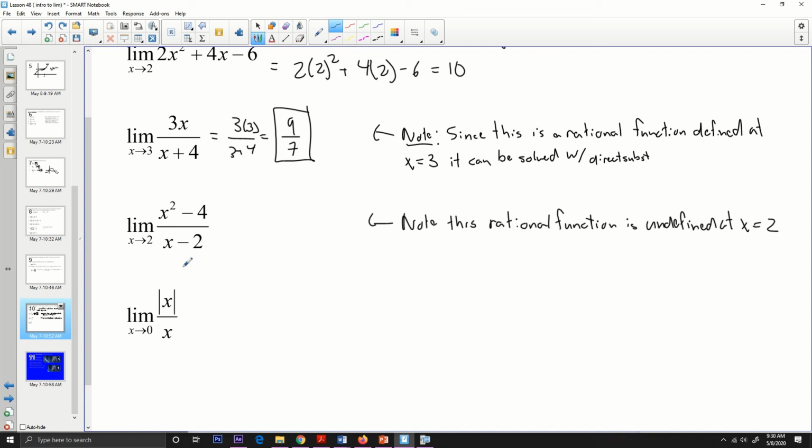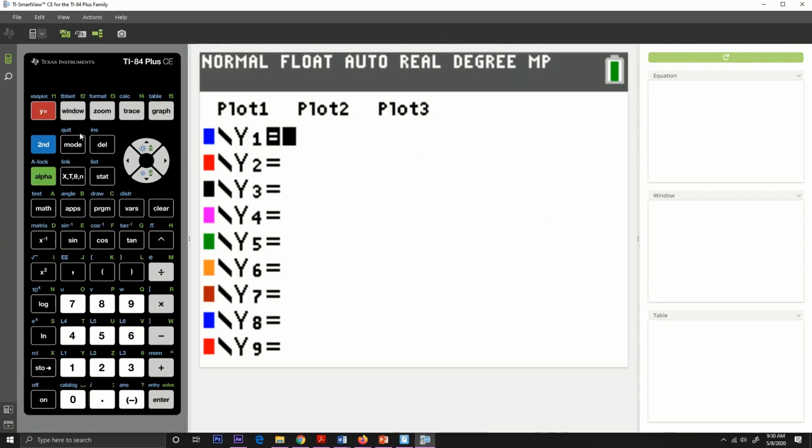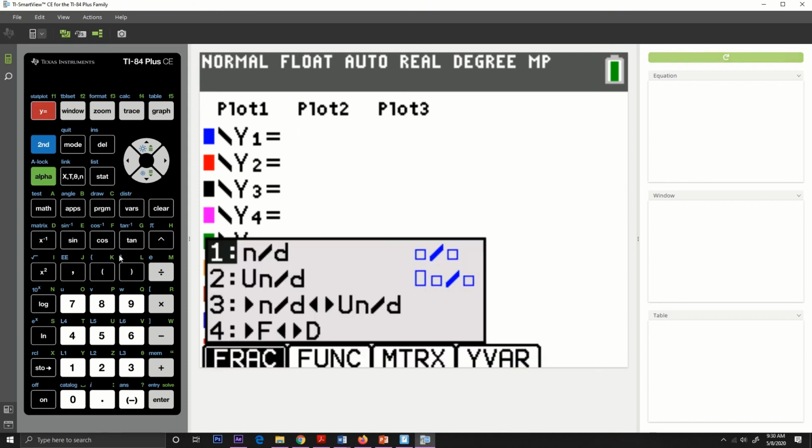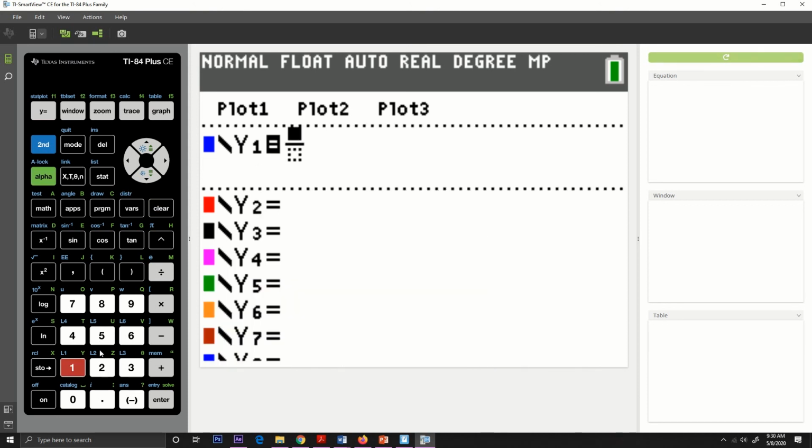So we don't have a method. But again, that does not mean that the limit doesn't exist. So if I go to my graphing calculator and I hit my y equals, and I clear out what I had before, and I go alpha y equals, we'll put a fraction there, and we'll go x squared minus 4 over x minus 2.